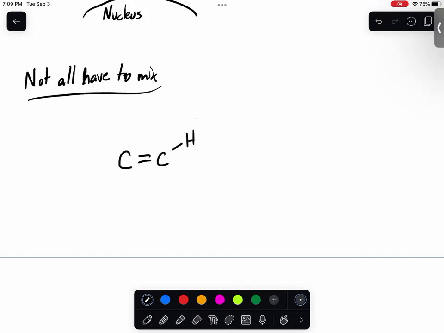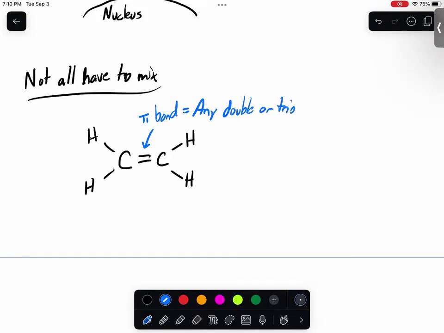So, if we take a look at this Lewis structure of ethene, we see this carbon-carbon bond exists where we have a double bond. And that double bond is actually consisted of something that we call a pi bond. And a pi bond is essentially any double or triple bond.